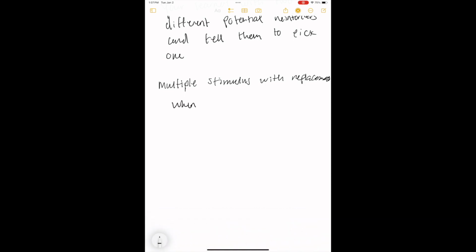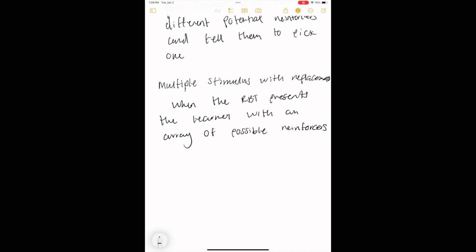So when the RBT presents the learner with an array of possible reinforcers, and the one that they pick out of the array, and usually obviously the array is going to be three or more, because if not, it's a paired choice.